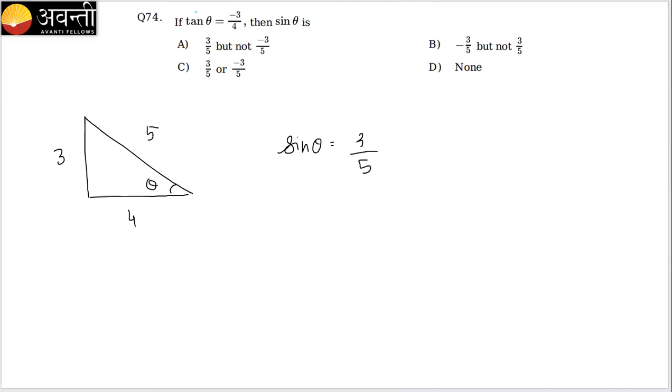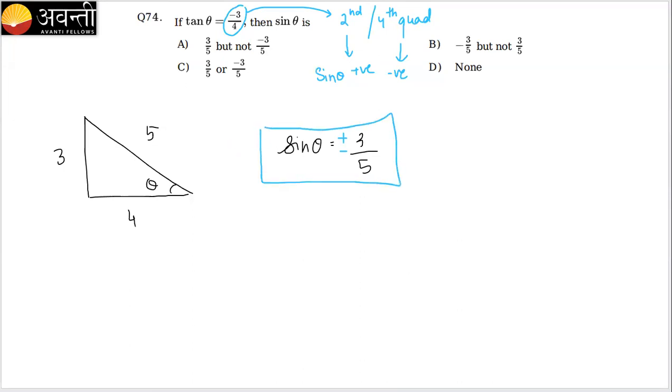Now note here, tan theta is negative, which implies it is in either the second or fourth quadrant. In the second quadrant, sine theta is positive, and in the fourth quadrant it is negative. So sine theta can be plus 3 by 5 or minus 3 by 5. So my answer is option C.